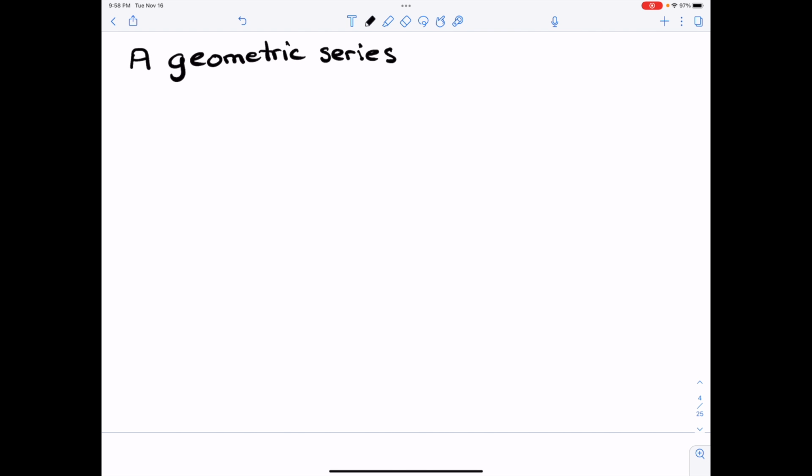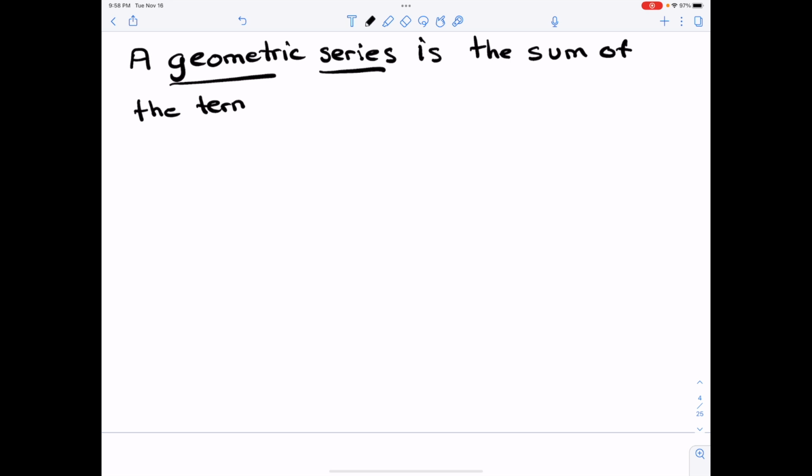So geometric series is the sum of the terms of a geometric sequence. And just as you might suspect, there is a formula. So let's figure out what that formula would be.